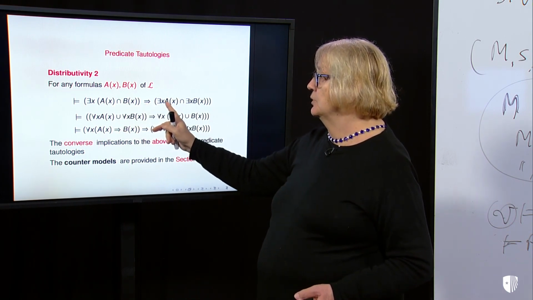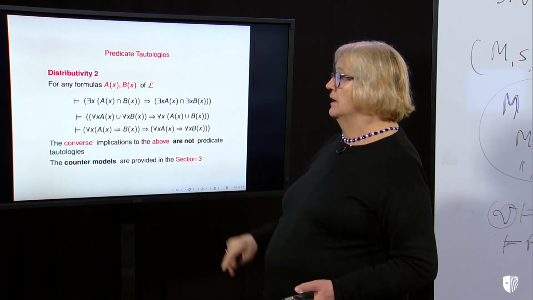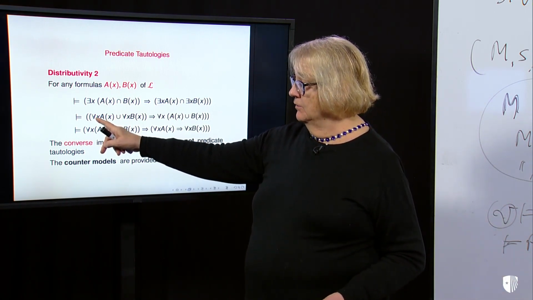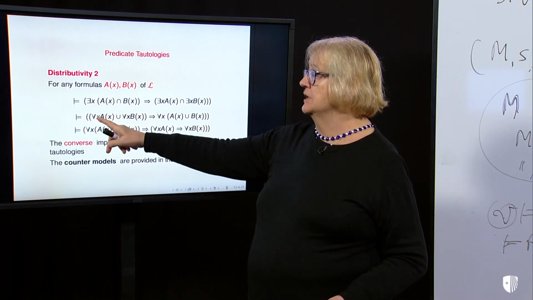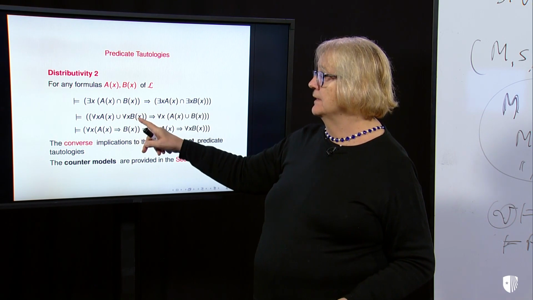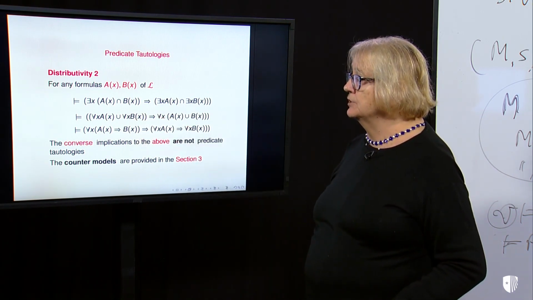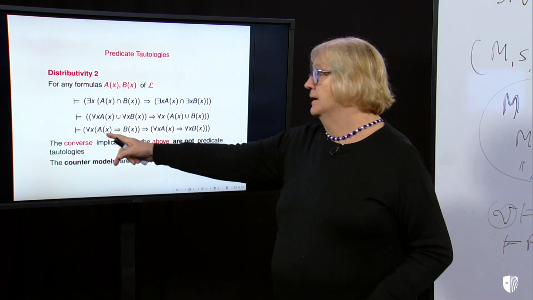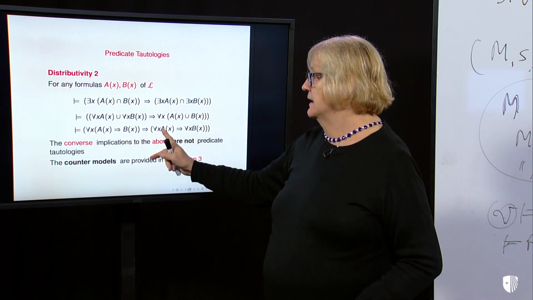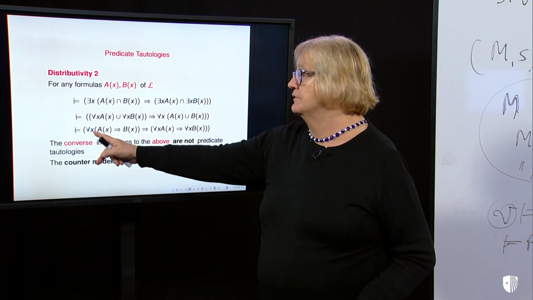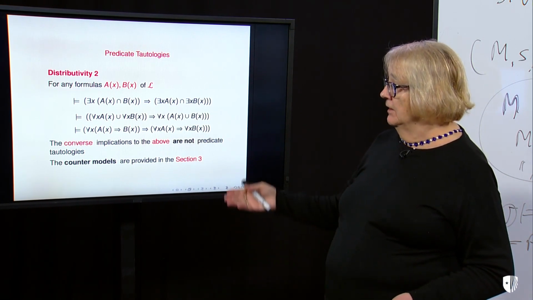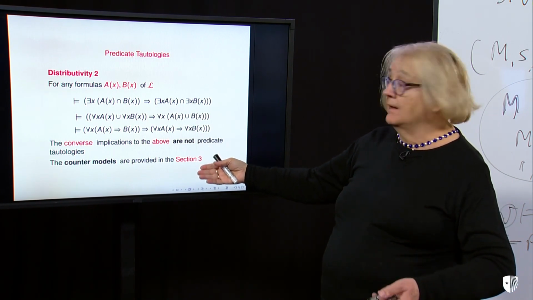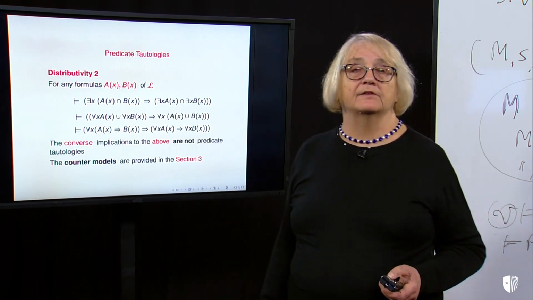The law says that you can distribute the quantifier over both of them, and the same for the universal, but there you have a different implication: if you have for all x A(x), for all x B(x), you can pull the quantifier out. And again, for implication, you can distribute the universal quantifier over implication. And of course, the converse implication would not hold, and contra-models are provided in section 3.